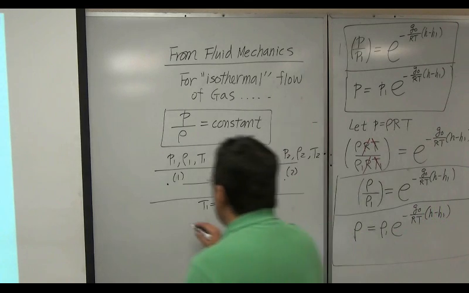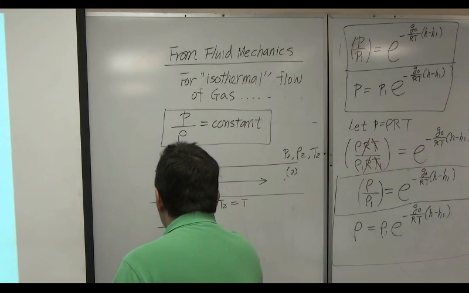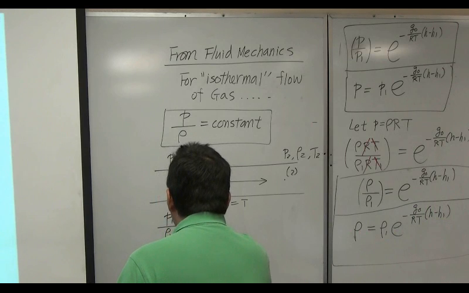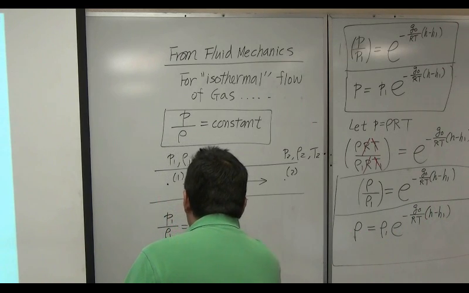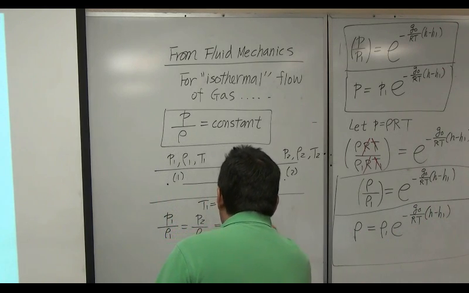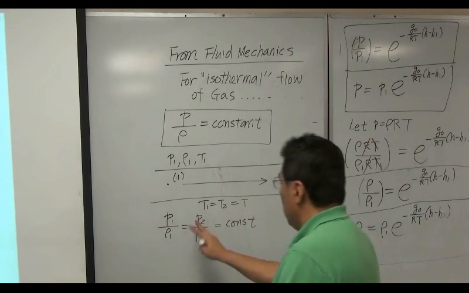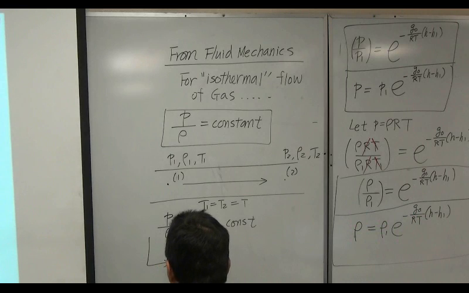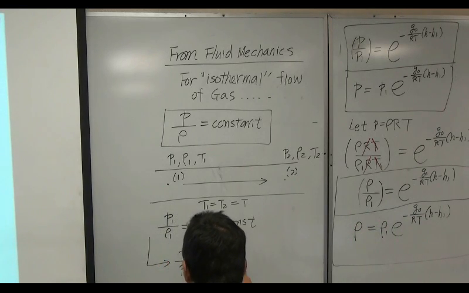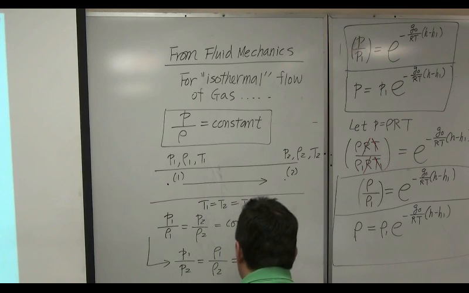If so, you can say P1 over rho 1 is equal to P2 over rho 2, which is equal to a constant. This really means, the flip side of it, that P1 over P2 is equal to rho 1 over rho 2, which is also constant.